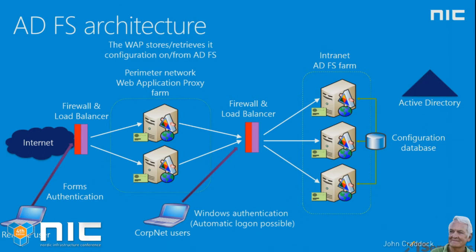Your clients, if they're on the internet, want to hit the outside of the proxy farm, the VIP there. If they're internal, they want to go to the ADFS servers directly. So if you have adfs.example.com on the internet, that needs to resolve to the public VIP.